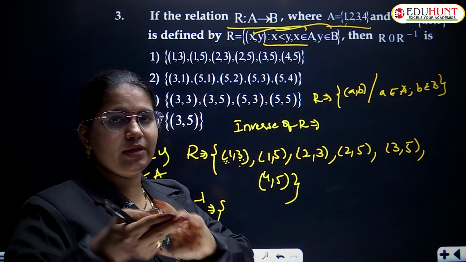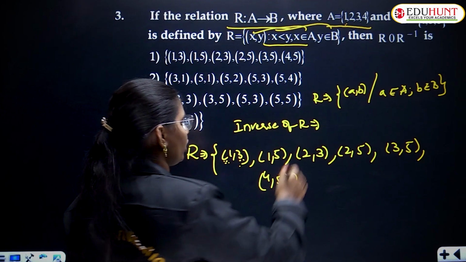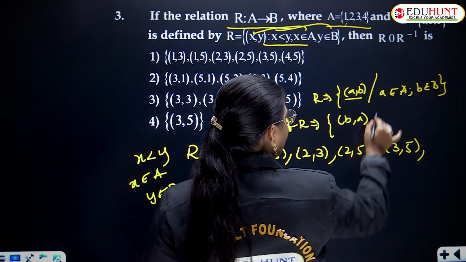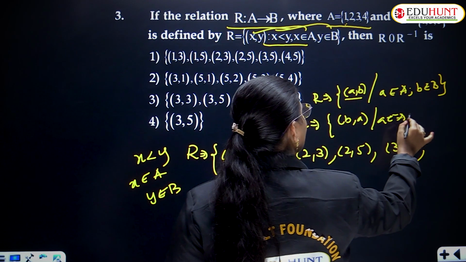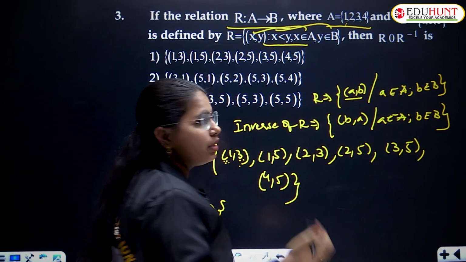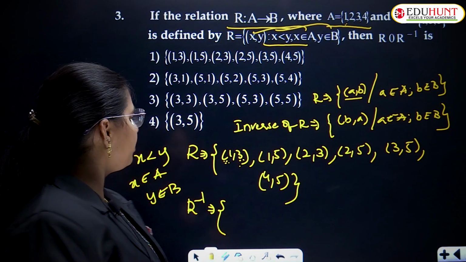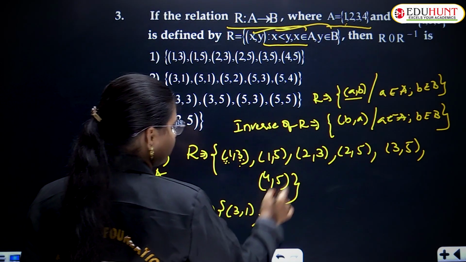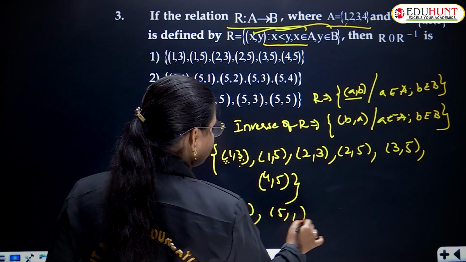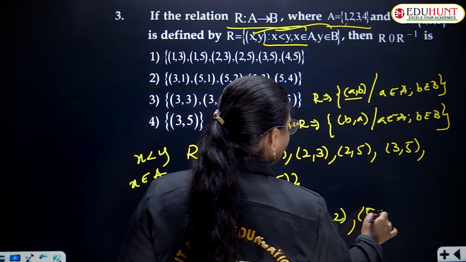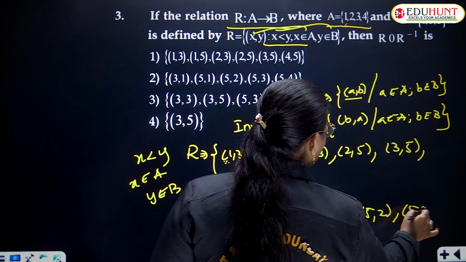Inverse means the elements get flipped. A comma B will become B comma A, as usual with A belonging to A and B belonging to B. So in that case, it will be 3 comma 1. Next 5 comma 1. Next 3 comma 2. Next 5 comma 2.